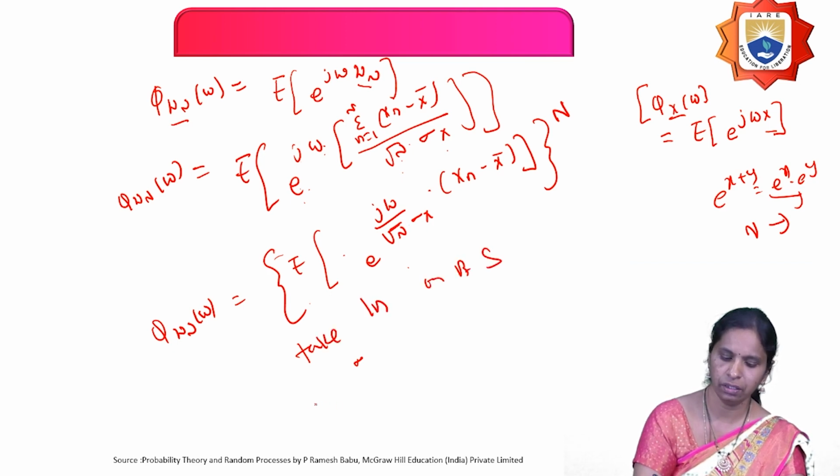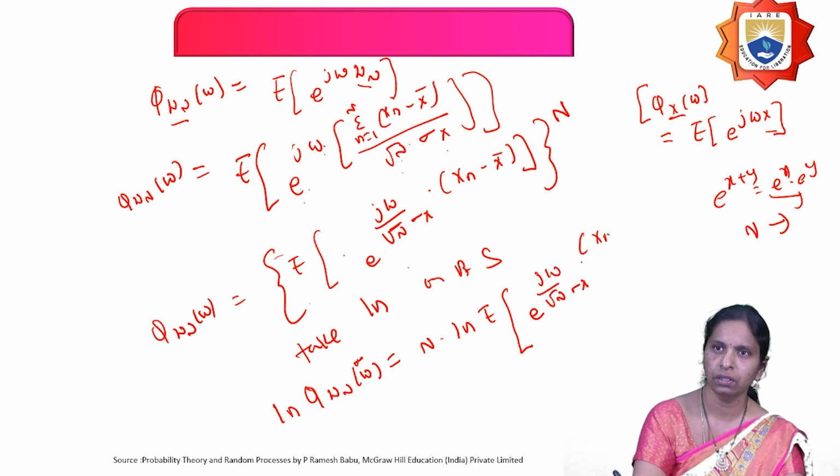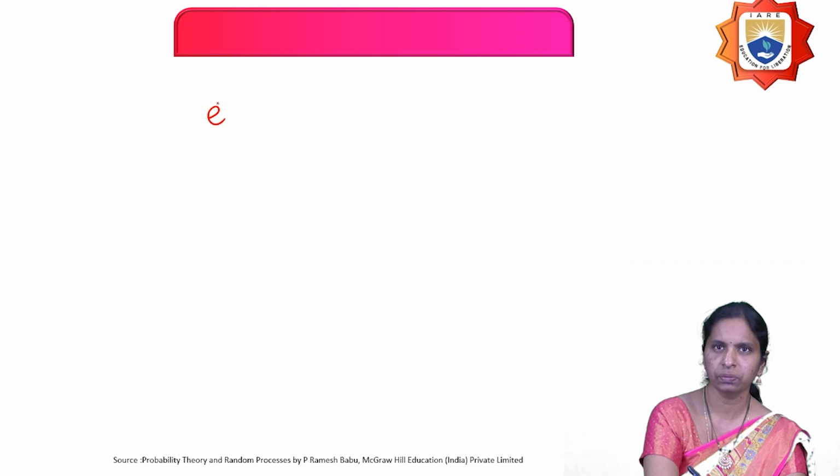Then what can I write here? The logarithm of the characteristic function of the random variable W equals n into ln of the expectation of e power j omega by root n sigma x into xn minus x bar. Now what is the formula for e power x?